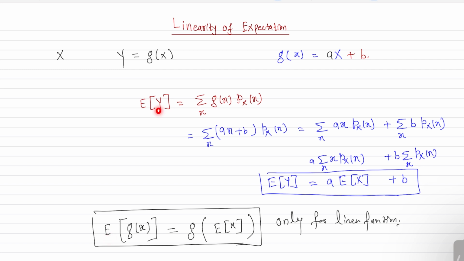So you can either find the expected value of y through this procedure, or if you see that the function is linear, you do not need to carry out all this process.